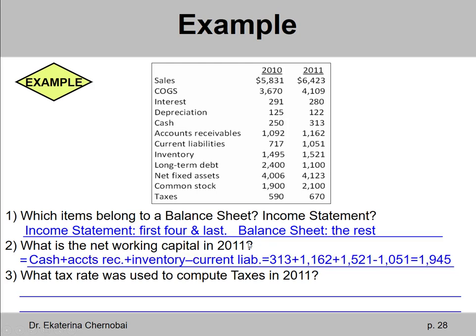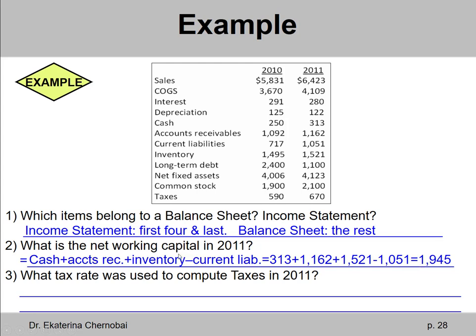So for the year 2011, we add cash, accounts receivable, and inventory because that's our current assets. So 313, 1,162, and 1,521, and we subtract the current liabilities, which is 1,051.